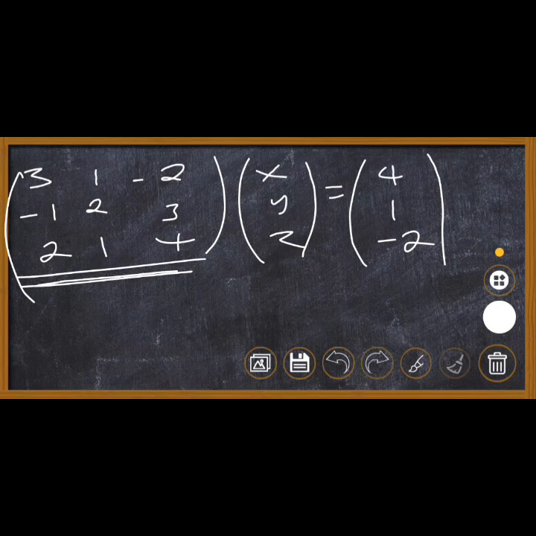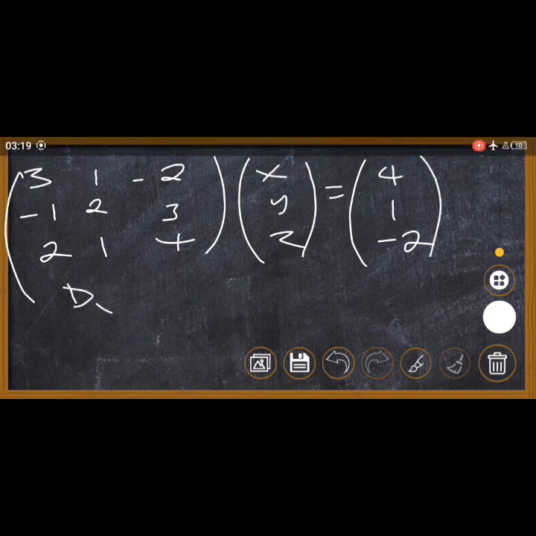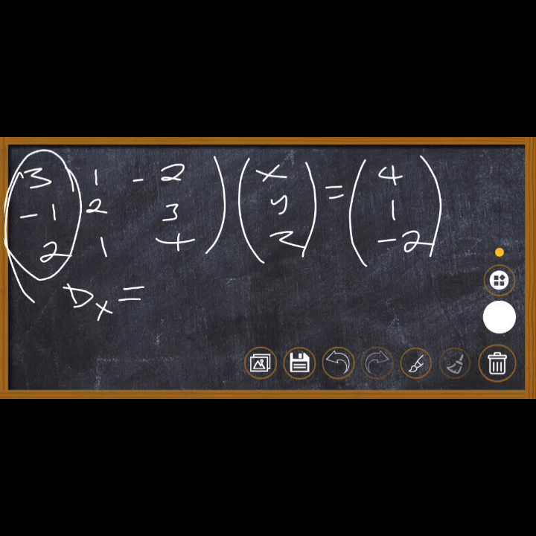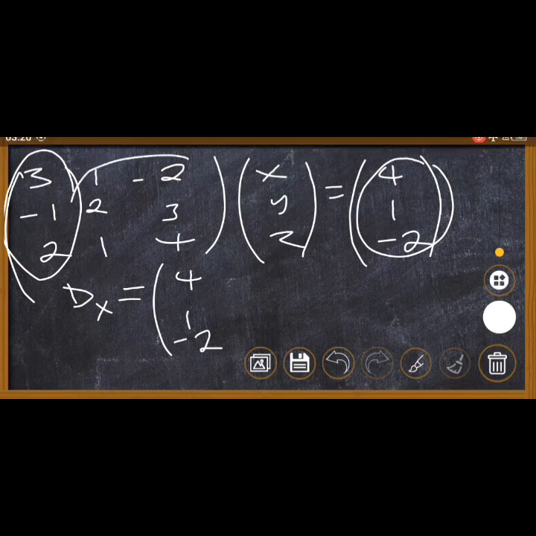This time we are going to find the determinant for dx. So dx means that where there is this, we are going to remove it and write what we have here. So we are going to have 4, 1, and then negative 2. Then we write whatever we have here, that is 1, 2, 1, negative 2, 3, and rather 4 here. Okay, so this is our matrix.